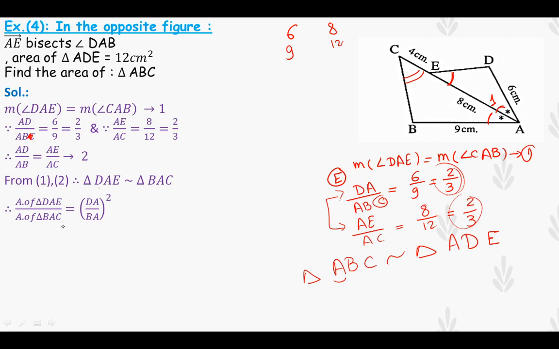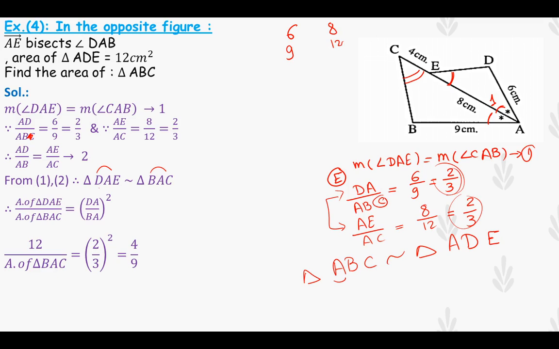And from similarity, the area of triangle DAE over the area of triangle BAC is equal to the square of any two corresponding sides. Here I write DA because DA corresponds to BA. The area of triangle DAE is given, it equals 12 centimeters squared, over the area of triangle BAC, which we want to find.